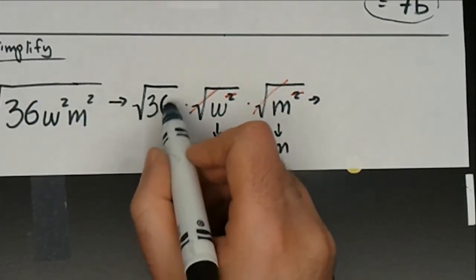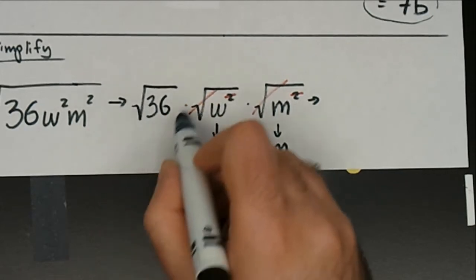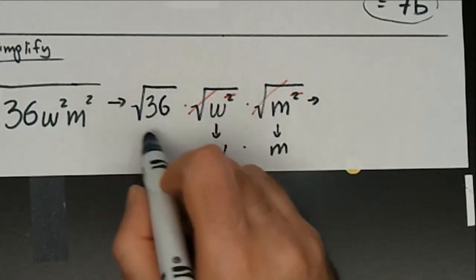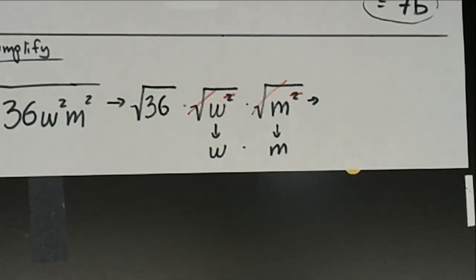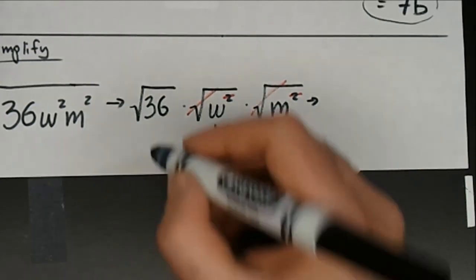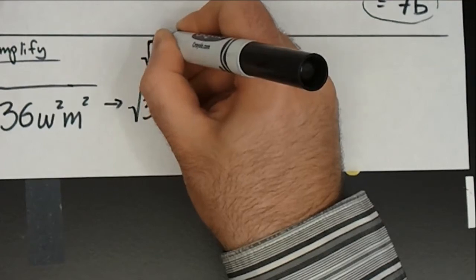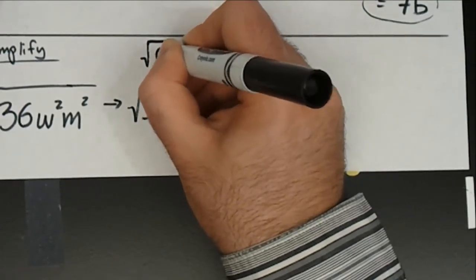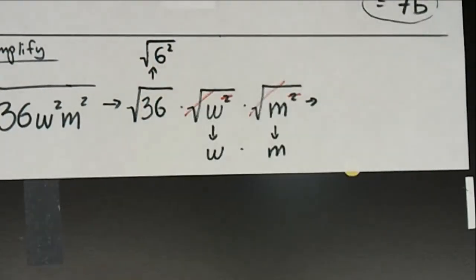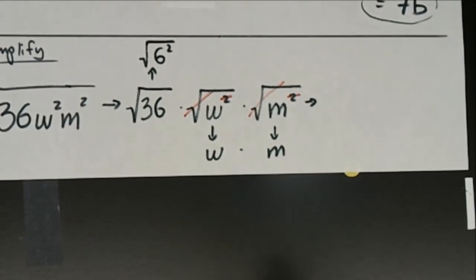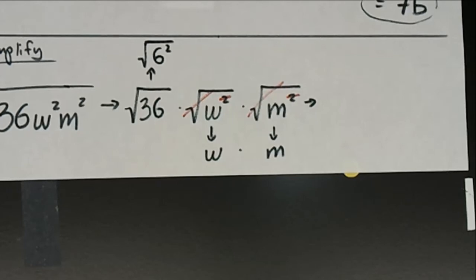What about right here? How can I write 36 in exponential form? Six to the second power. Now I'm not going to take the negative possibility here. I could have, but again, you only take the positive unless you're told to take the negative as well.